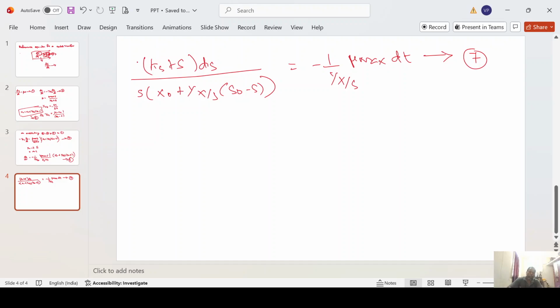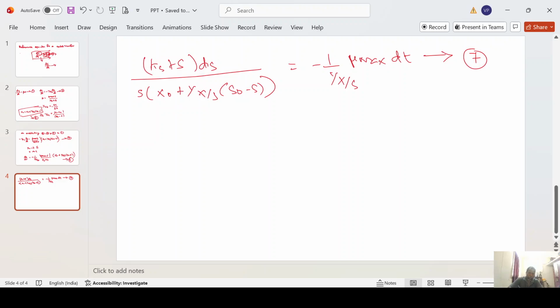Then this portion could not be integrated directly, so we need to partition it, that is integration by parts. Separate it, then we can go for integration.